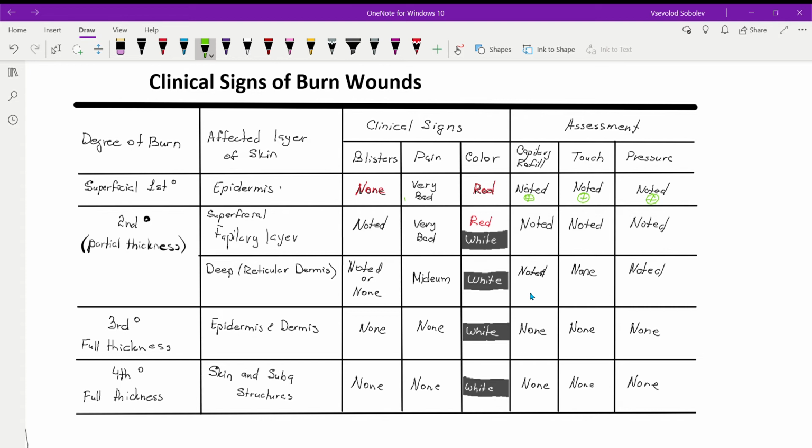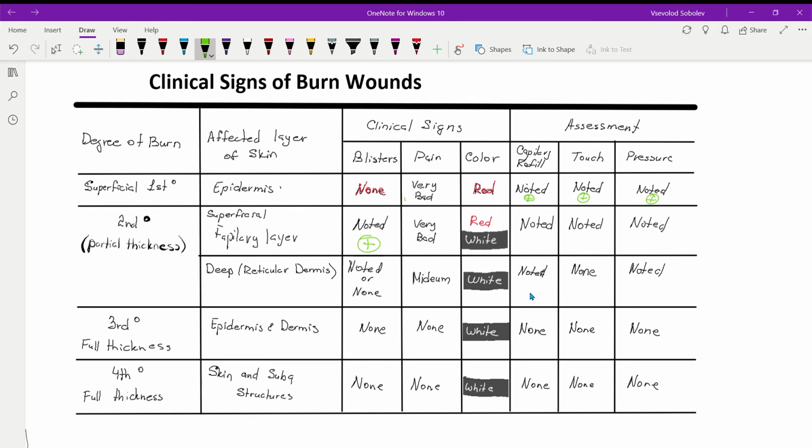Maybe not, maybe they'll tolerate it. So second degree, partial thickness, we got the superficial papillary layer. Will there be blisters? Yes, there will be blisters, because fluid does leave and it forms blisters. Pain, very bad, the nerves are still there. Color, it could be red or white.